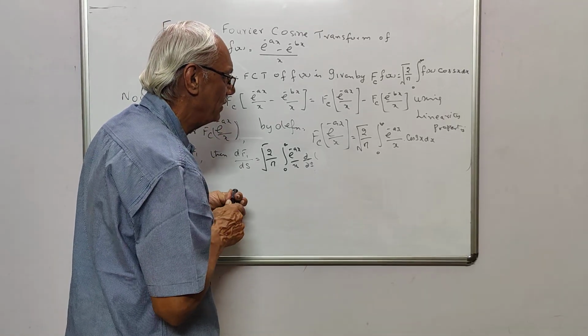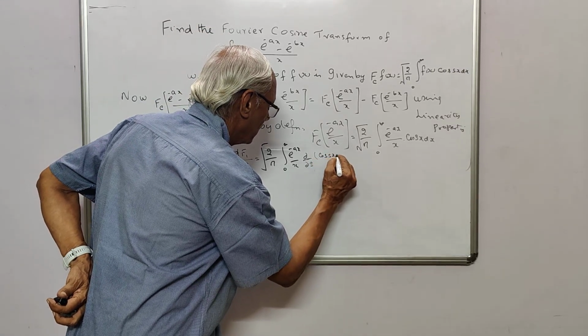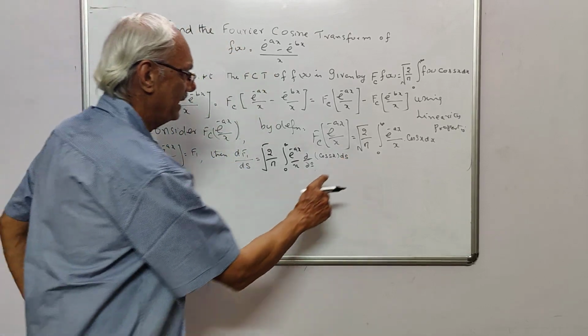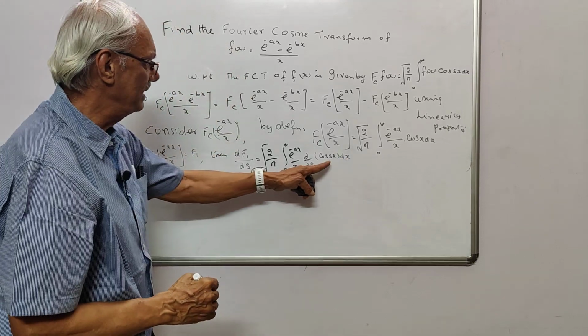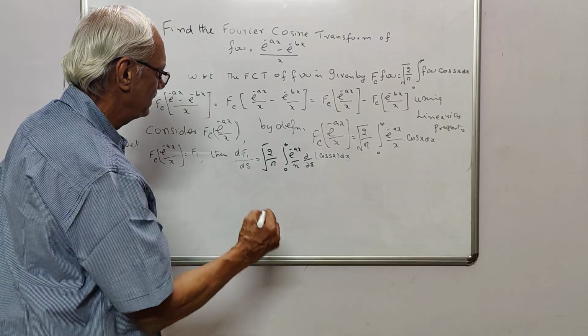So what is that? dou by dou s of cos sx into dx, partially differentiating, finding the derivative with respect to s. Now this is equal to what?